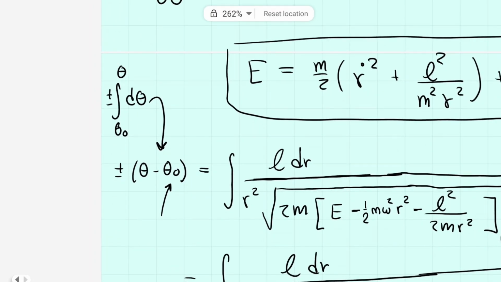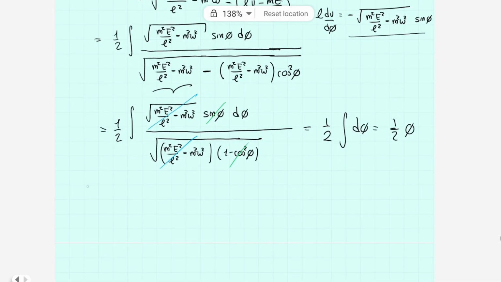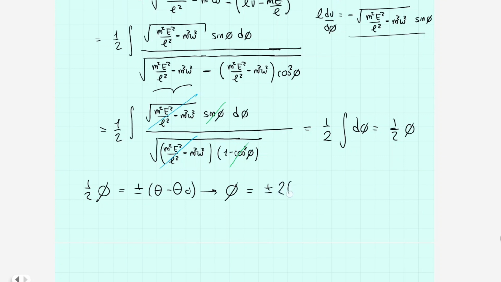So the integration constant is already included in this theta 0. So this means that 1 over 2 phi is equal to plus minus theta 0, making phi equal to plus minus 2 times theta minus theta 0.